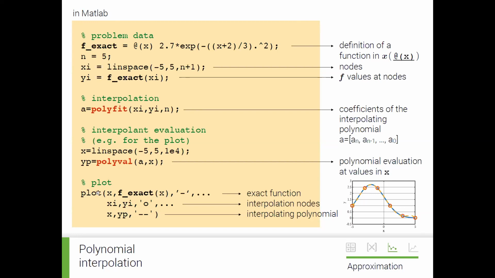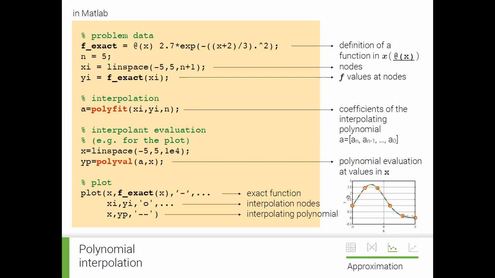With the command plot, we will do such examples in practice lessons also. So x, and then the exact function, and here we put a minus, which denotes a straight line.